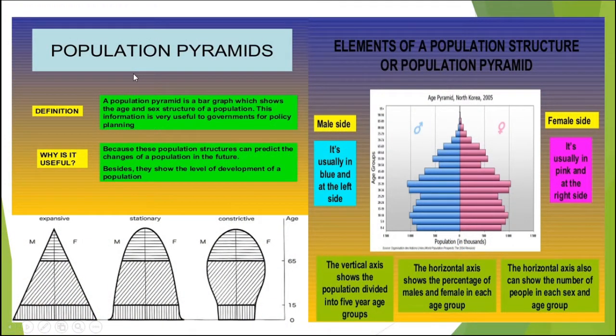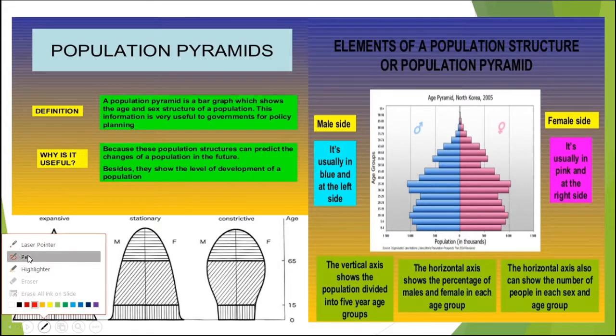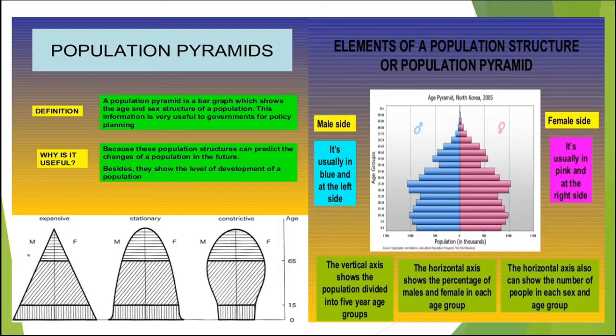This slide is showing the population pyramid. Depending upon the distribution of the different age groups, there are three types of population pyramid: expansive or expanding, stationary or constrictive, that is declining. This one is declining and this is stable.